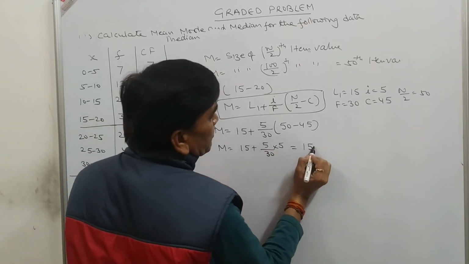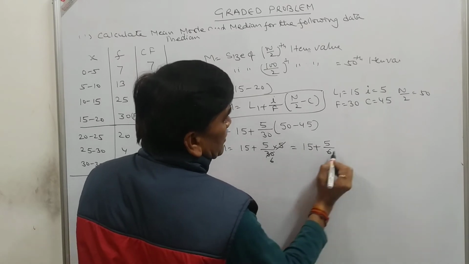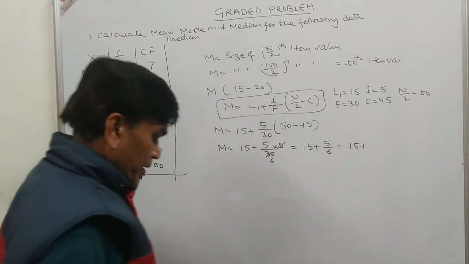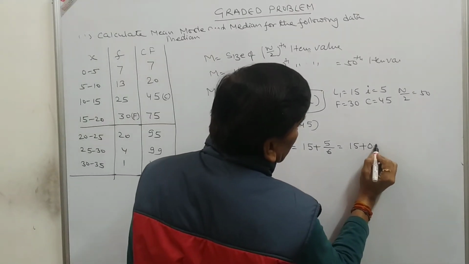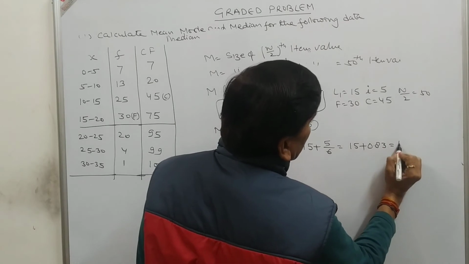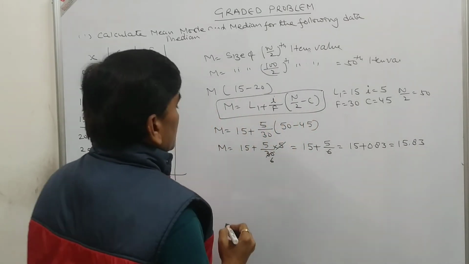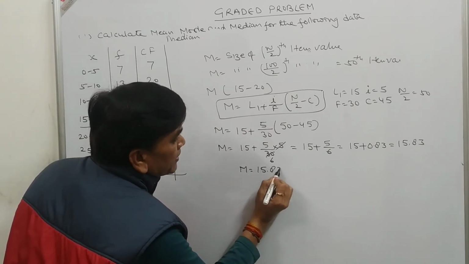So 15 plus 5 upon 6. So 15 plus the value of 5 upon 6, that will be 0.83. So the median value is equal to 15.83.